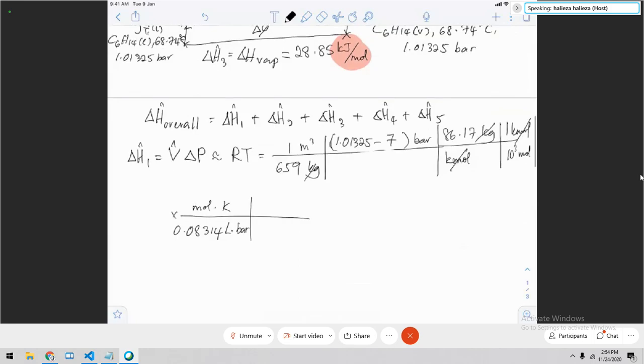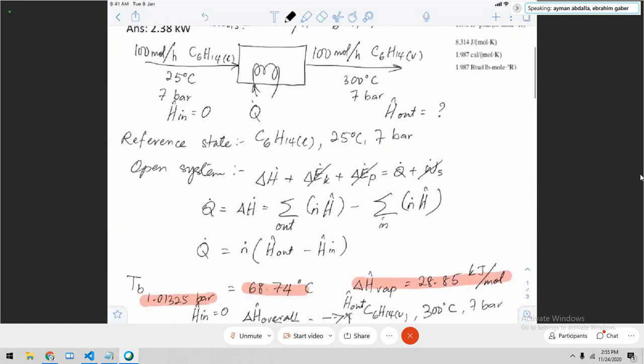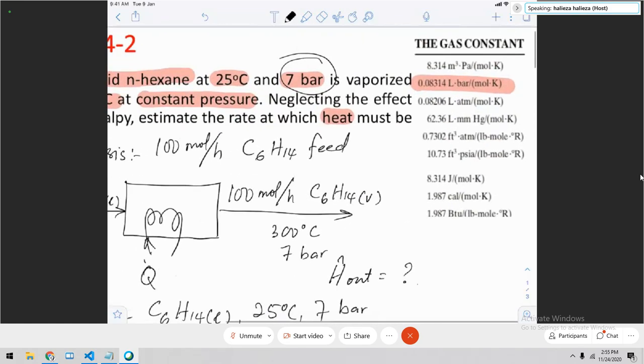Now we cancel the bar. The liter we can change: 10 power 3 liter is 1 meter cubic. We cancel the liter and the meter cubic. Still nowhere close to kilojoules per mole. Use another gas constant that has joules per mole. So we have 8.314.